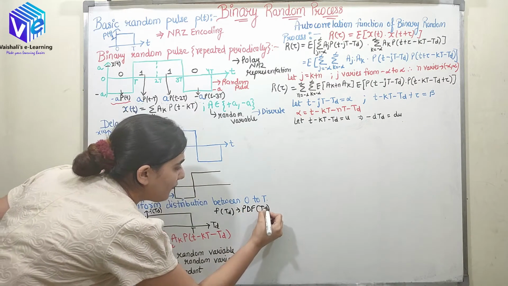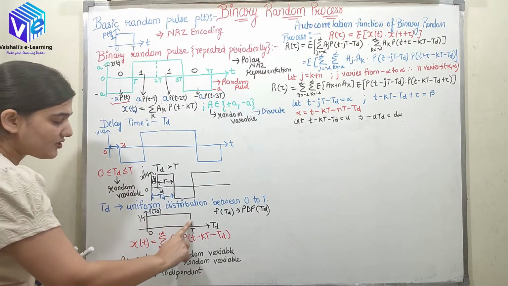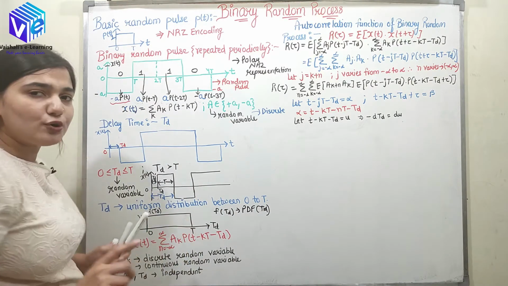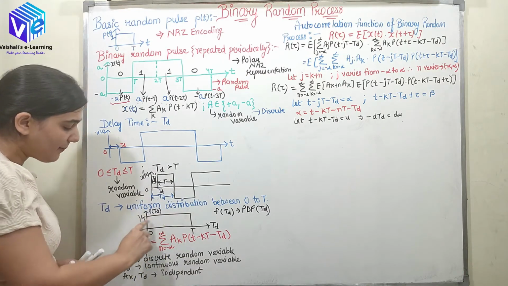It's a uniform distribution between 0 and capital T, so the amplitude would obviously be 1 upon capital T.